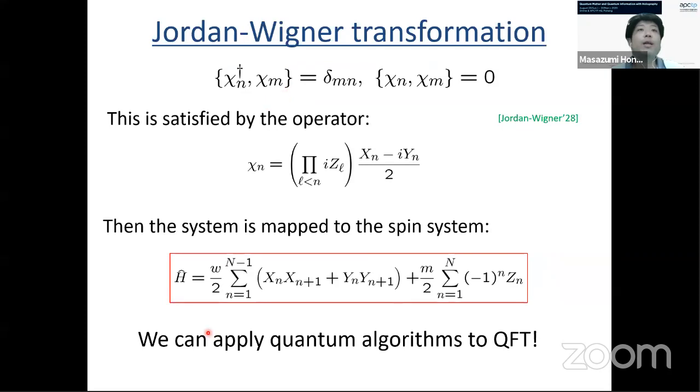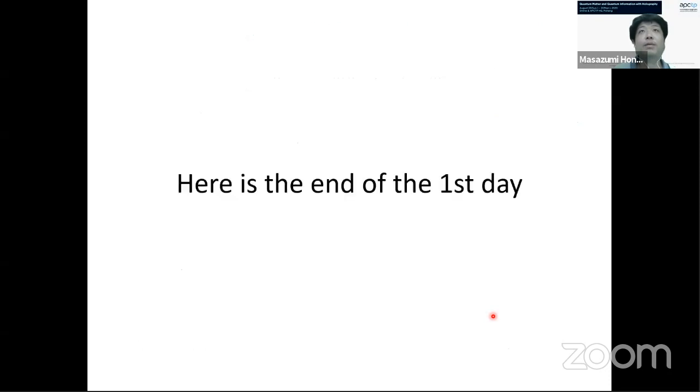Then we can rewrite the system in terms of a spin system, which we can directly analyze by using quantum algorithms. And this was the end of the first day.